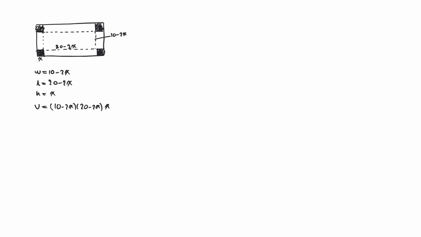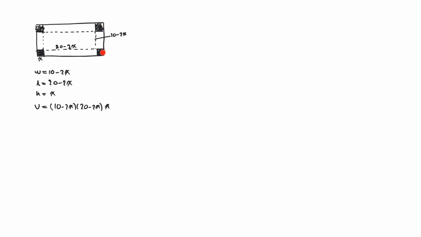The other thing that it's a good idea to take note of is the maximum value that you can cut out. On this side, the smallest side that I can cut from is this one, which is the 10. If I cut out 1 from both sides, I will have 8 left.